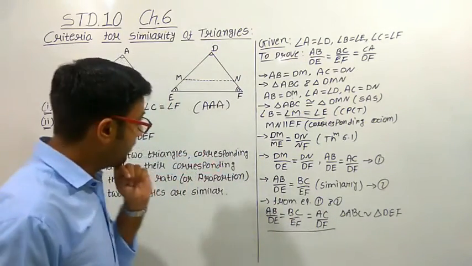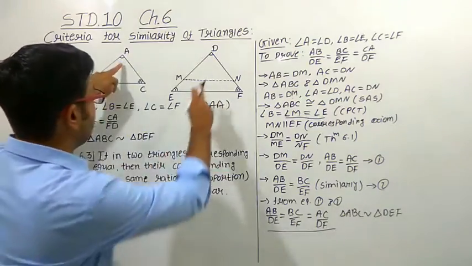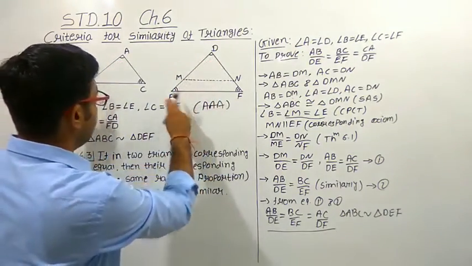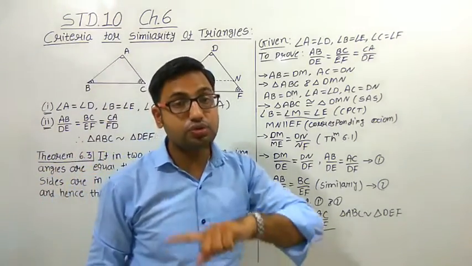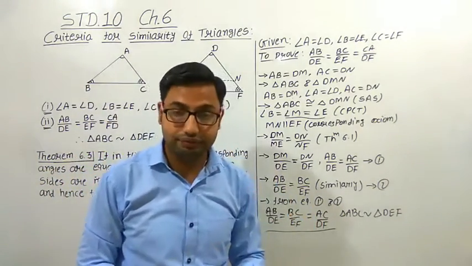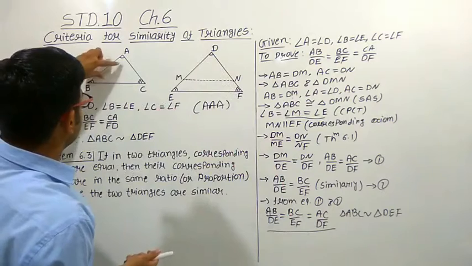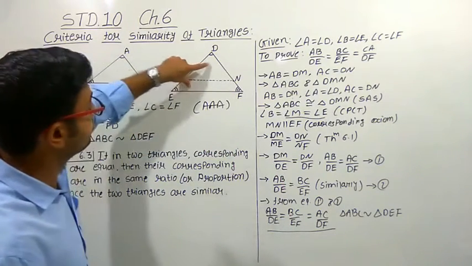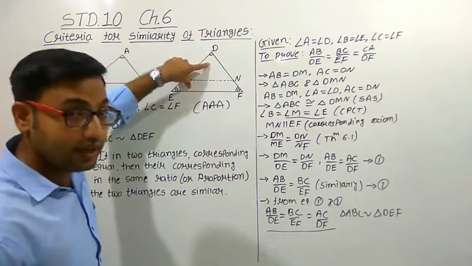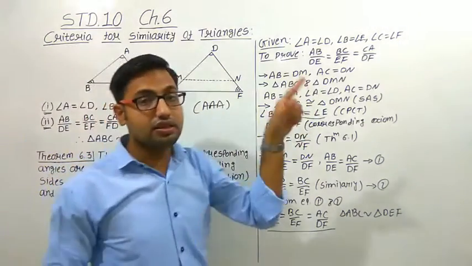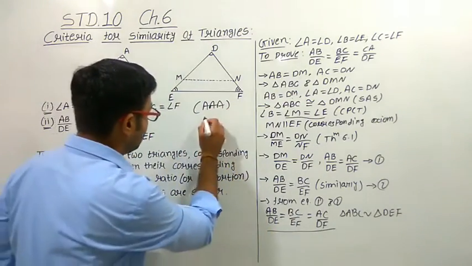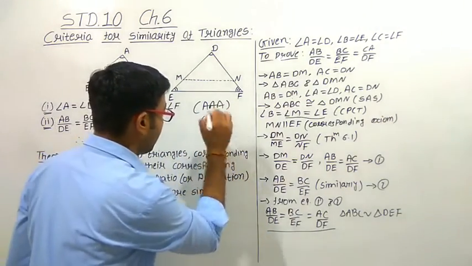Now think about one thing. If only two angles are given, that angles A and D are equal, and B and E are equal, then according to the angle sum property, obviously the third angle will also be equal. So only two angles are needed.